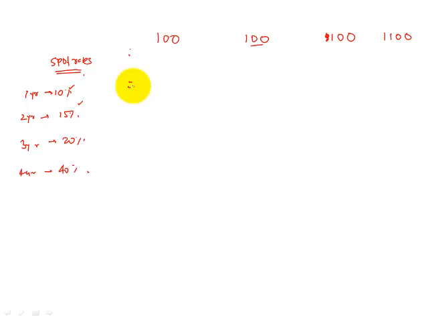100 divided by 1.1, STO 1. 100 divided by 1.15 x square, STO 2. Then 100 divided by bracket open 1.2 y raised to x 3 bracket close, equal to STO 3.